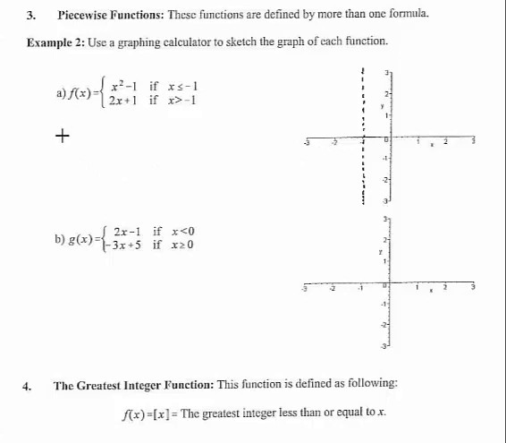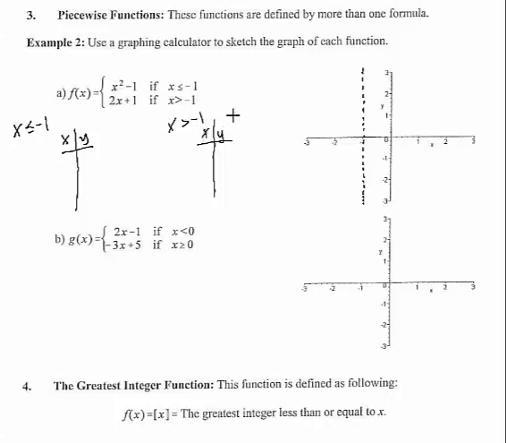And then I will create two tables. Okay, this first table will apply to x values that are less than or equal to negative 1. This second one, x greater than negative 1.